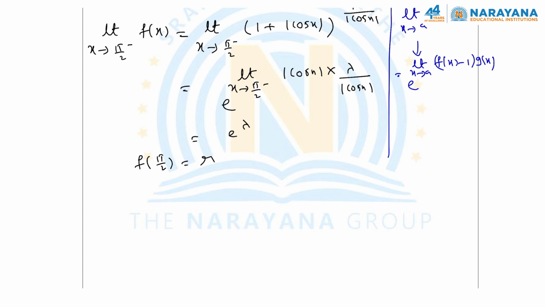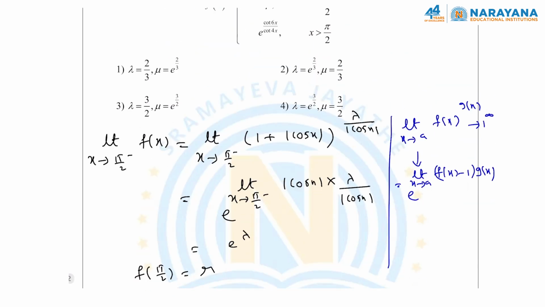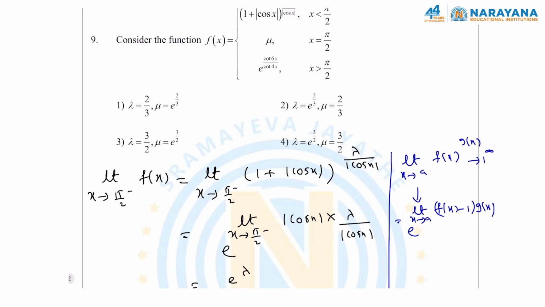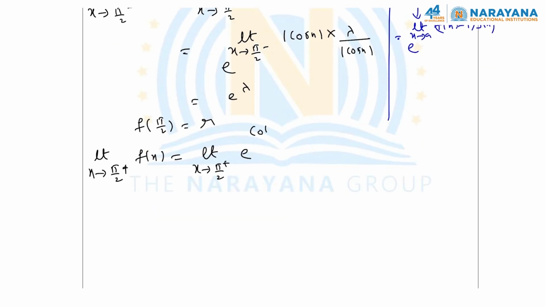And if we calculate the right hand limit, limit x tending to pi by 2 plus of f of x, this is e power cot 6x divided by cot 4x. So if I am substituting pi by 2, what am I getting?